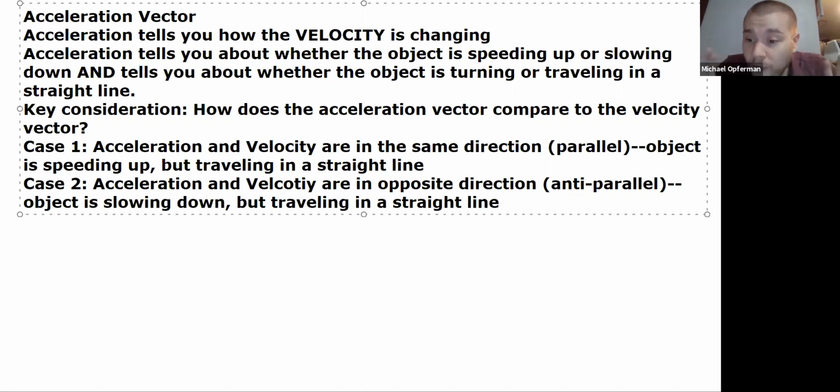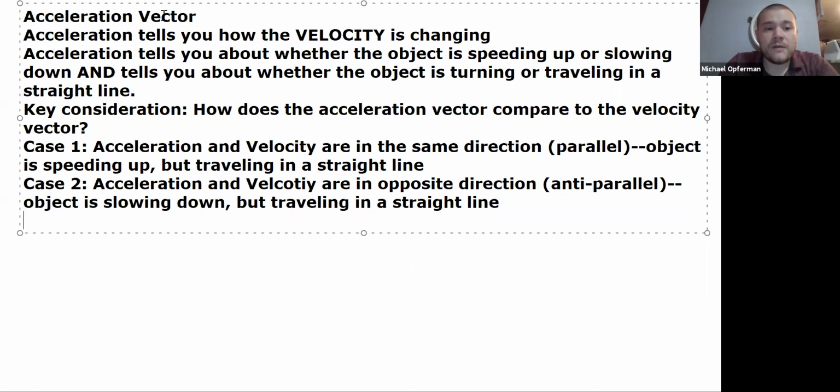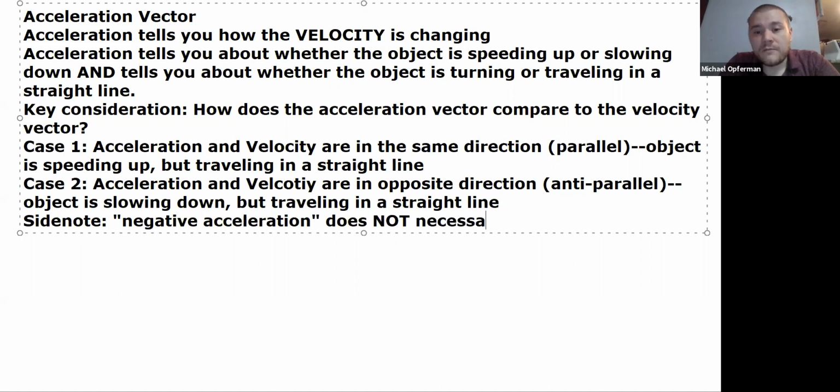One thing to note right away, because this is a really common mistake that a lot of people make: a negative acceleration does not necessarily mean slowing down, because it depends which direction the velocity is pointing.